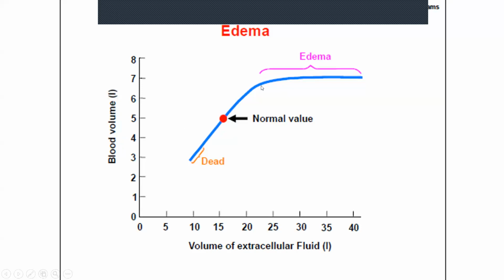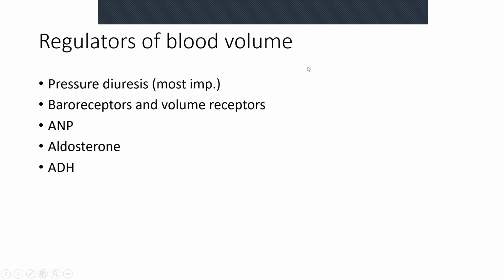But at some point, which is over here, your blood vessels are going to reach their maximum capacity. And so you can't put any more water inside the blood vessels. All of that water has to go somewhere, and so it's going to go into the interstitial fluid. And with a lot of water going into the interstitial fluid, you're going to get edema.